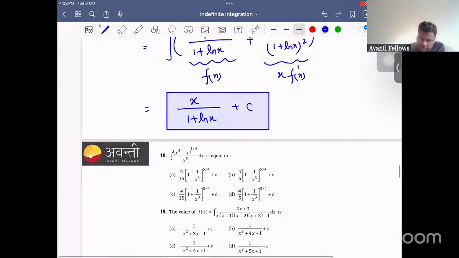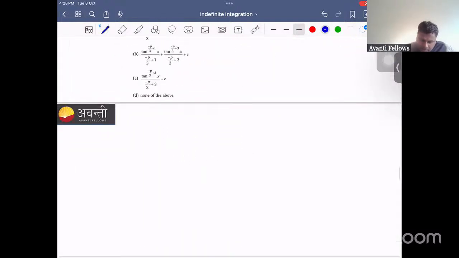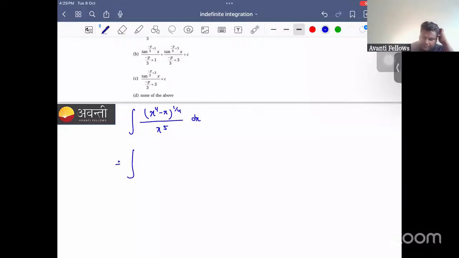Now, see, the question is integration of (x^4 - x^(1/4)) divided by x^5 dx. First of all, take x to the power 4 common from the numerator.